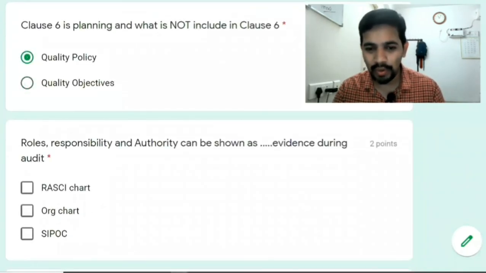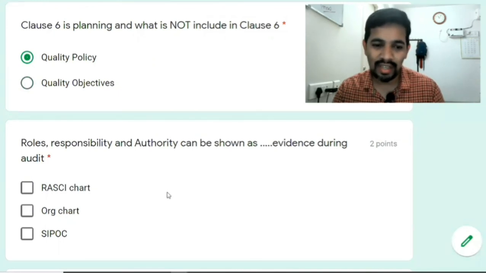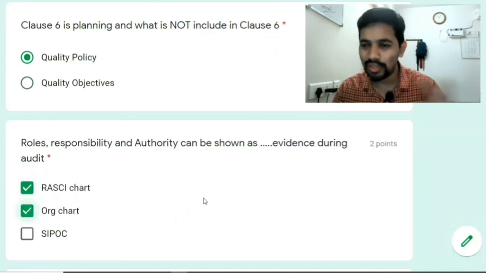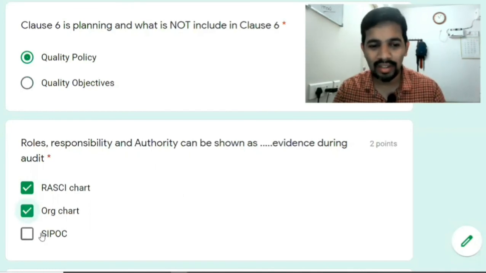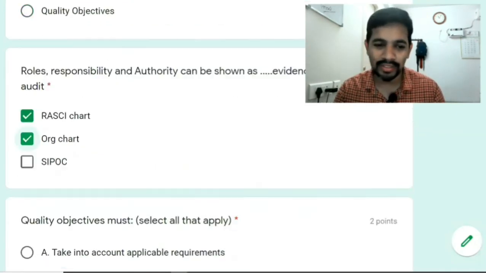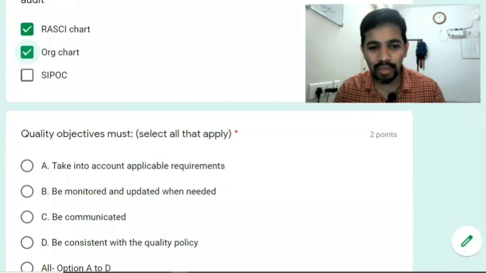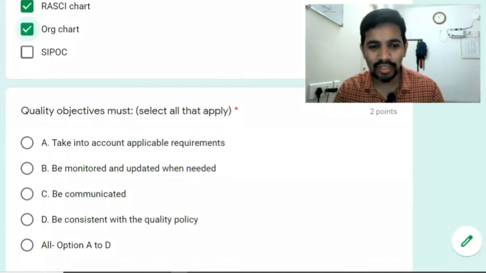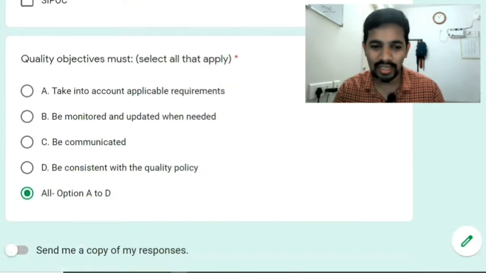And roles, responsibility and authority, that is there in 5.3, can be shown as evidence, RASI chart and R chart. These two, roles and responsibility, have to do with the people, right? So SIPOC is related to process. Okay, quality objective must contain, I think the question is repeating, so the answer is all, option A to D.